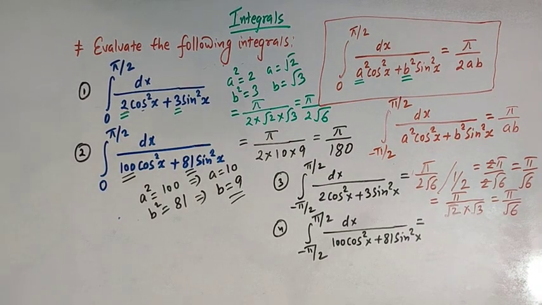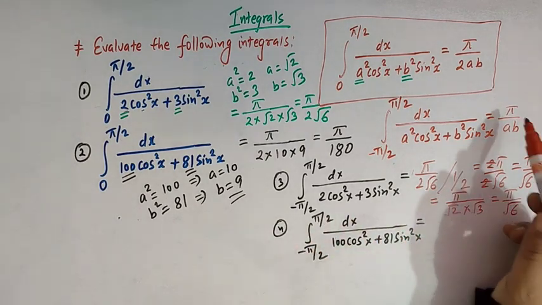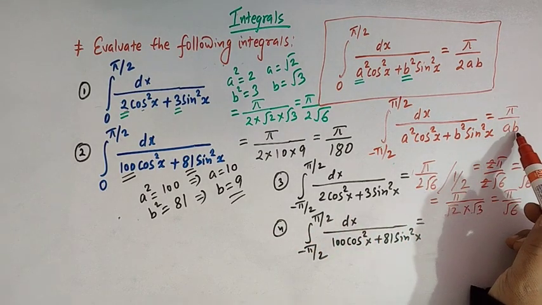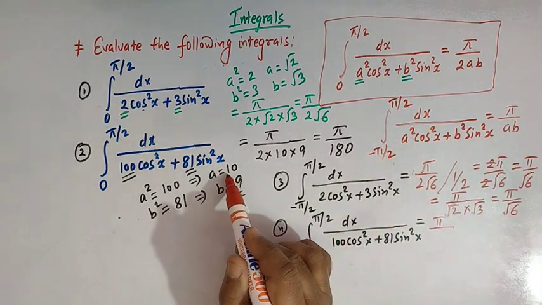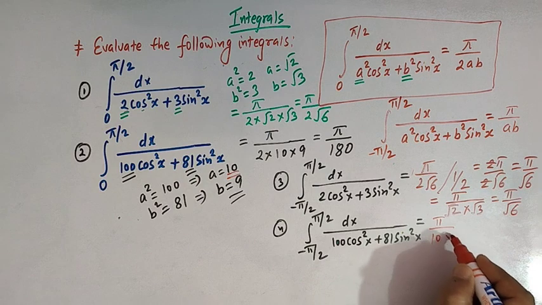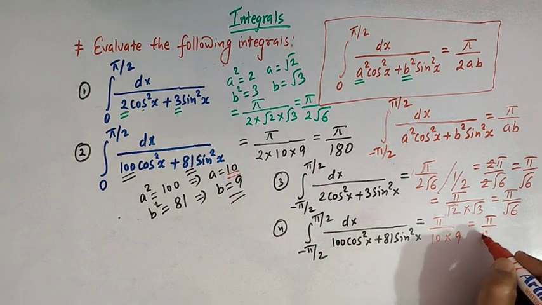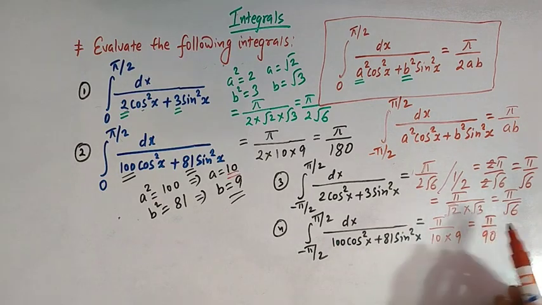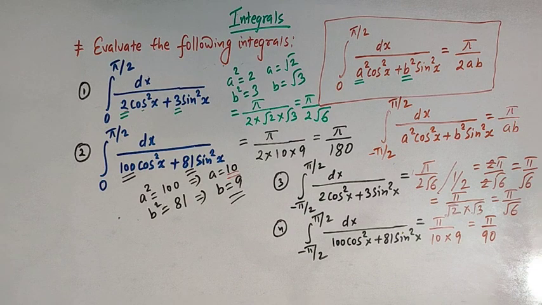Now similarly in this case, the value of this integral is pi over a times b. So here we have pi, and a is 10 and b is 9, right? So we have pi over 90, which is twice pi over 180. So viewers, this is how we can solve these types of problems.